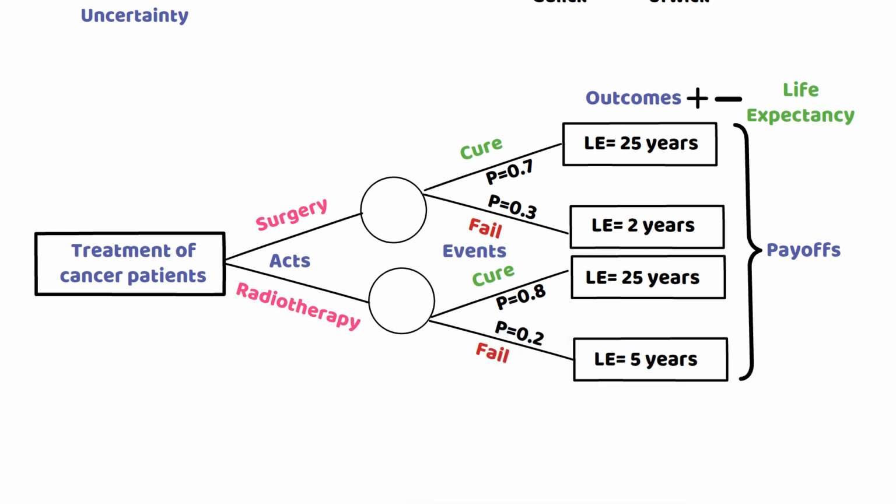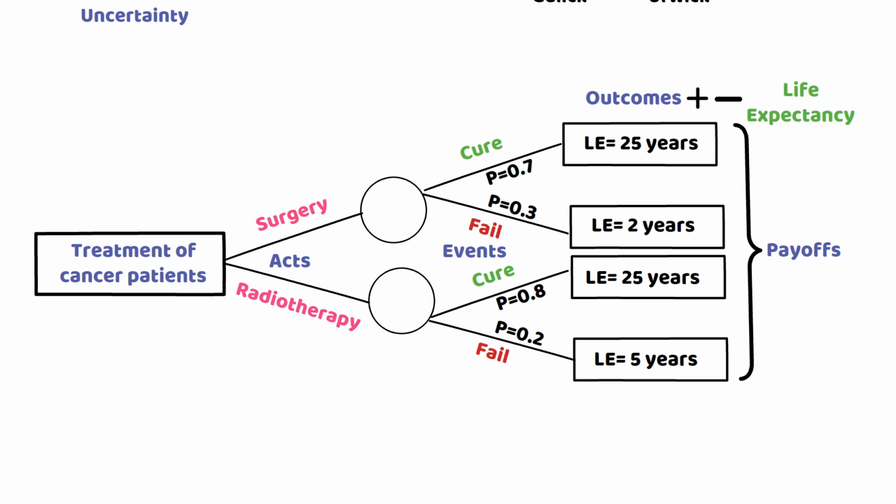The total probability for each event should be 1 or 100%. The outcome measure is life expectancy, and accordingly, in succession to each action and event, we have put the payoffs in terms of the number of life expectancies. All these figures of probabilities and payoffs are to be searched through available literature.